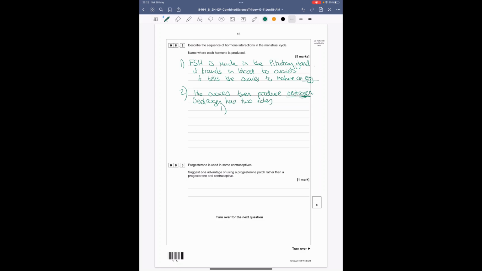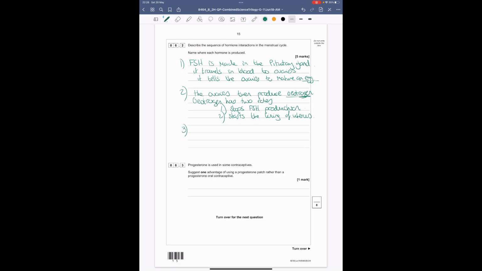The first one, it stops FSH production because we don't want to mature all of the eggs in 1 month. We want to mature just a couple, or ideally just 1. And the second role is that it starts the lining of the uterus being developed. So it starts preparing that blood-rich lining.